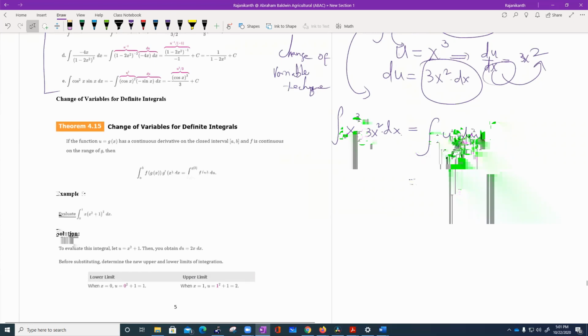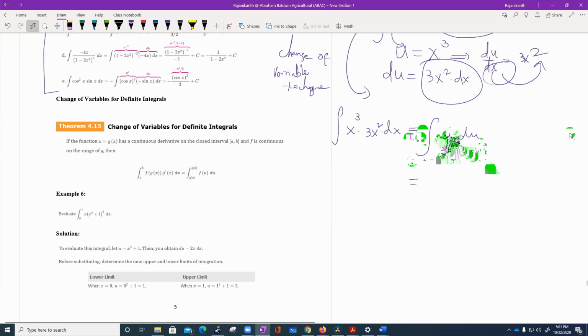Now go for the basic antiderivative formula. The only thing is, instead of the letter x, you have the letter u. That's it, right? Then what is the antiderivative of u? Similar to finding the antiderivative of x, the antiderivative of x is x squared over 2. In a similar way, the antiderivative of u is u squared over 2 plus a constant.